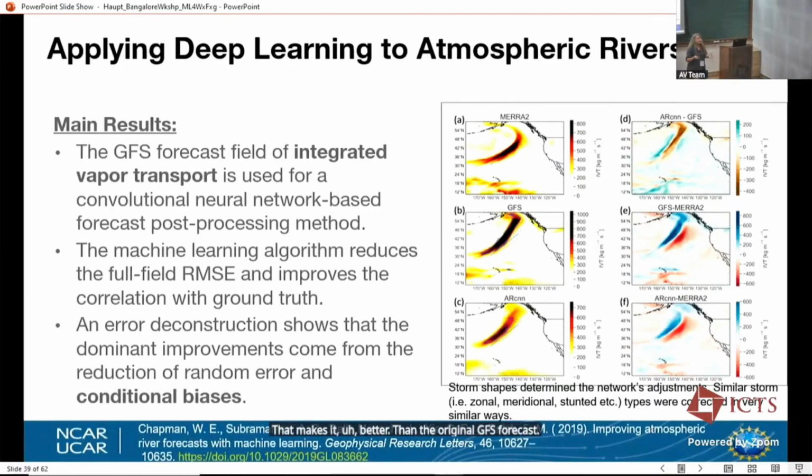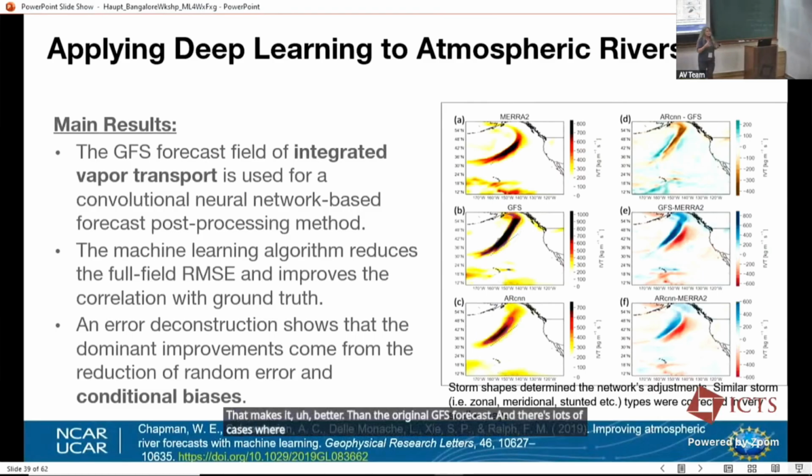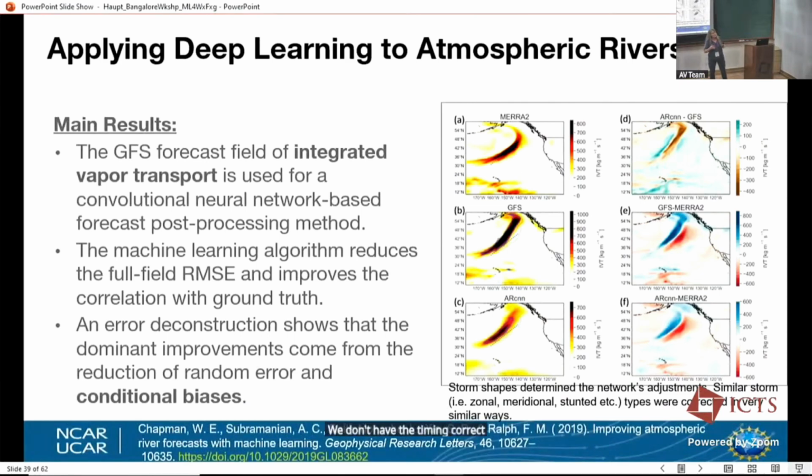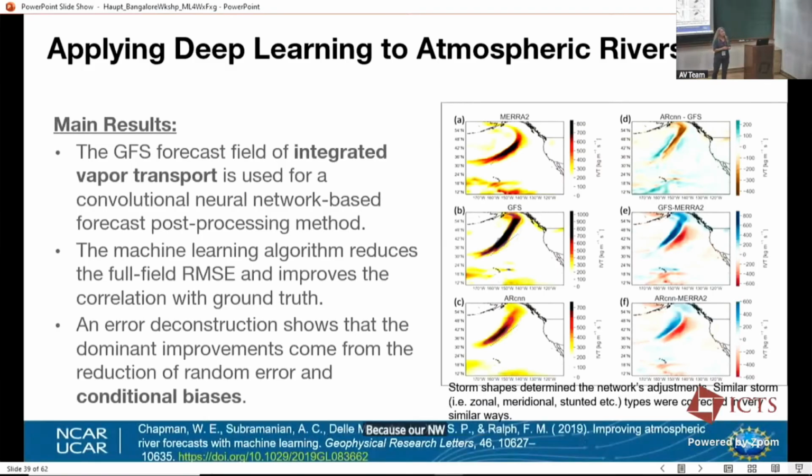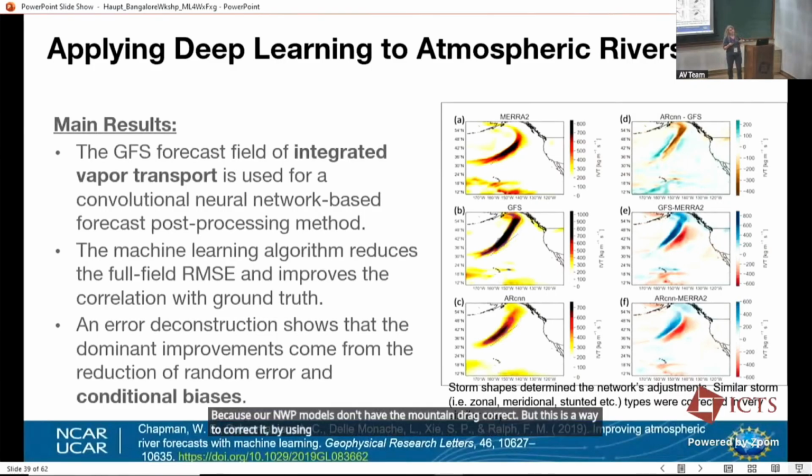And there's lots of cases where we know what the incoming weather pattern is going to be, we don't have the timing correct. Where I live in Colorado, when I see a forecast of a thunderstorm two days from now, I always say, no, it's going to be 2.5 days because our NWP models don't have the mountain drag correct. But this is a way to correct it by using things like this.